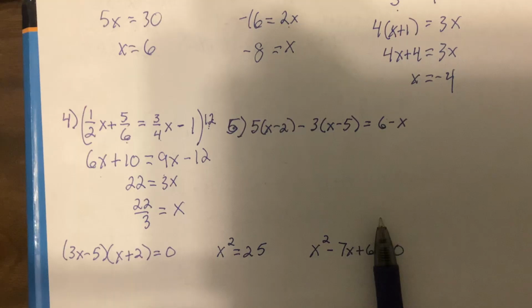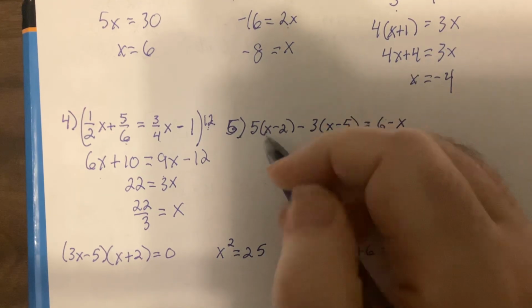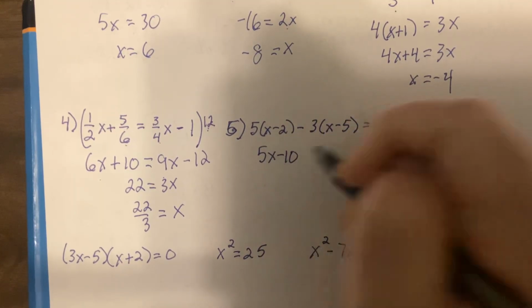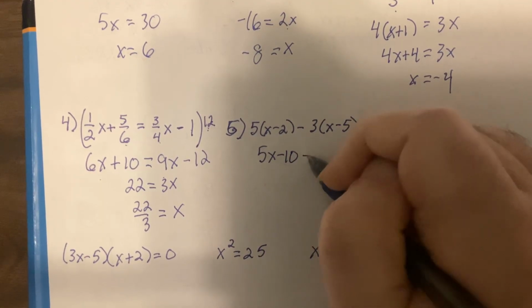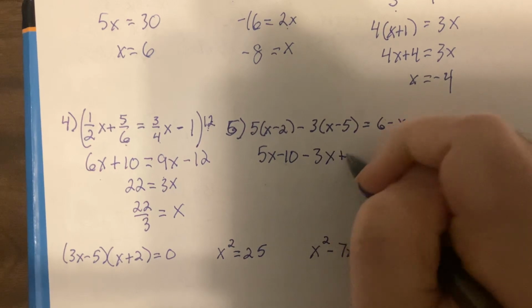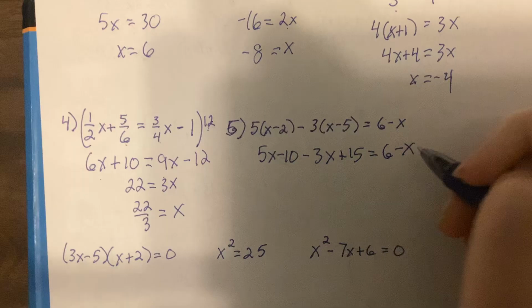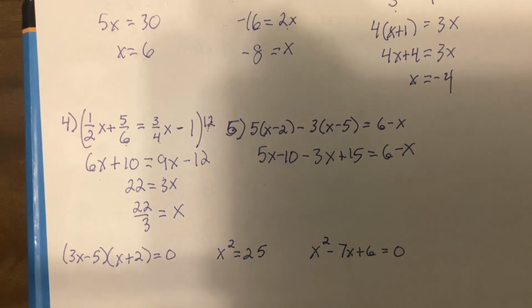Now the last linear problem. I'm going to distribute the 5 to get rid of the parentheses. Distribute negative 3 to get rid of the parentheses. Now I'm going to simplify.